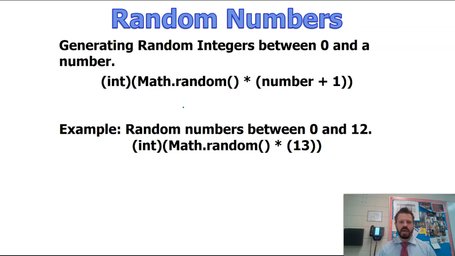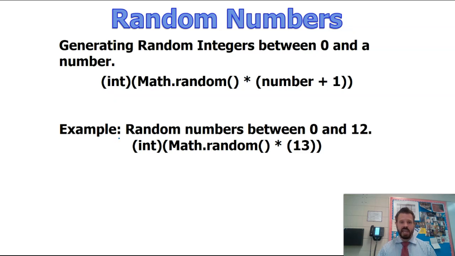The way we'll do that is we'll call Math.random, which again gives us a number between 0 and 1. And if we multiply that by the number we want plus 1, that's going to give us numbers between 0 and that number, as a double, and then I can cast it all as an int when it's all said and done, to change it to a random integer between 0 and that number.